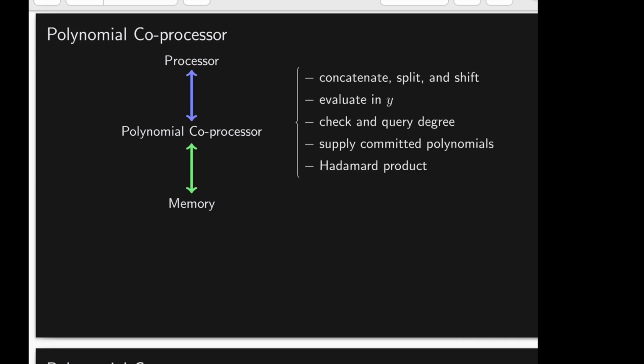The polynomial coprocessor is responsible for concatenating polynomials, splitting them, and shifting them, for providing the processor with the evaluation of a given polynomial in a given point, for checking the degree and verifying it or supplying it to the processor. It's responsible for storing commitments to polynomials and providing them when the processor asks for them at the right time.